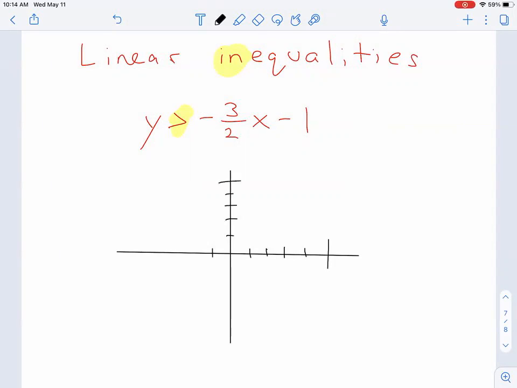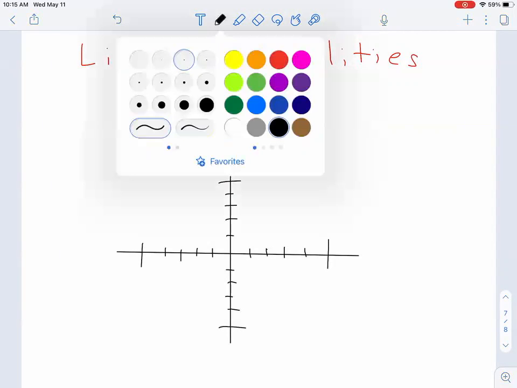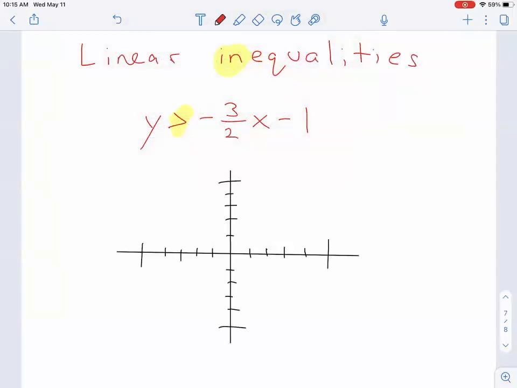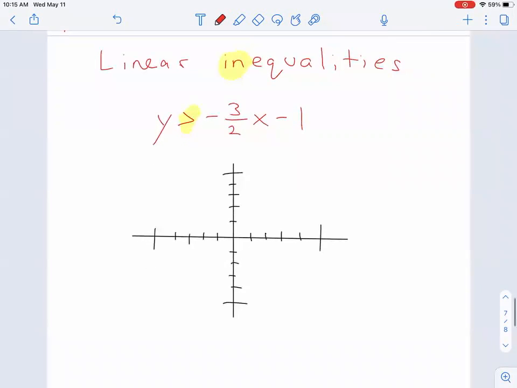And then I'm going to graph that line. And so you remember the whole y equals mx plus b thing, okay, where our slope is -3/2, our y-intercept is -1. So I'm reviewing this because I know it's been a while since maybe you've done that.